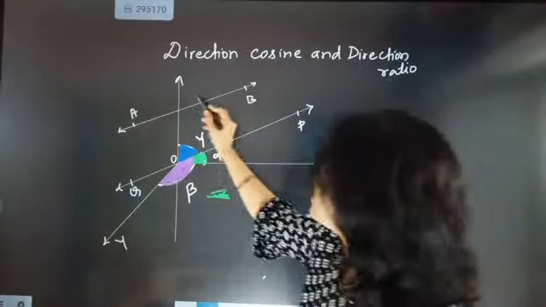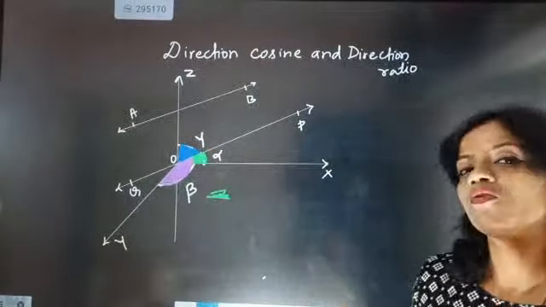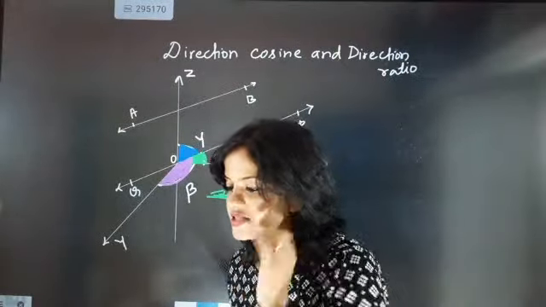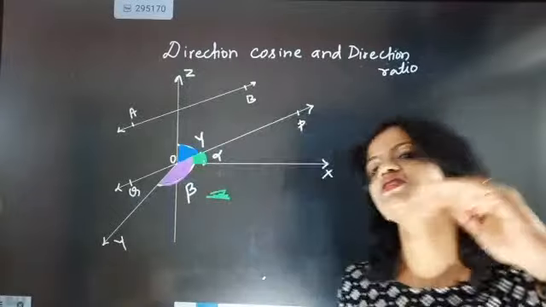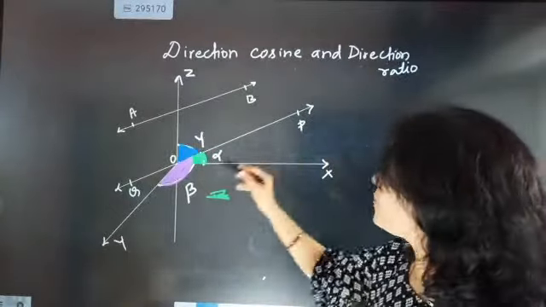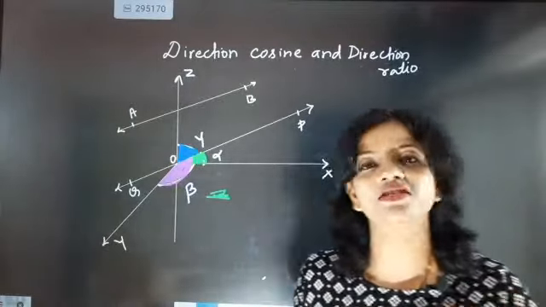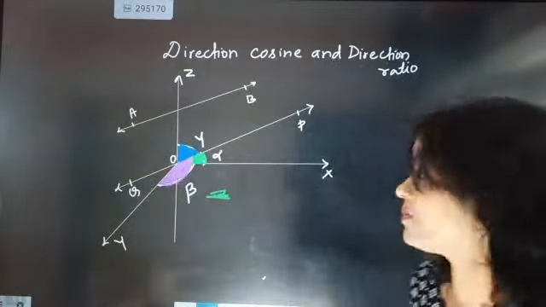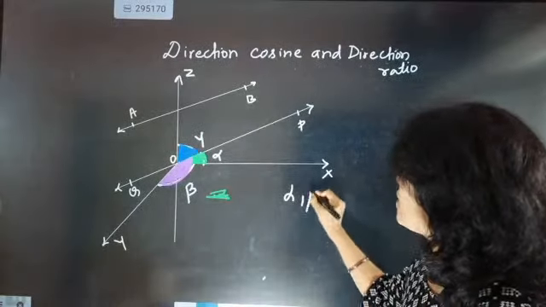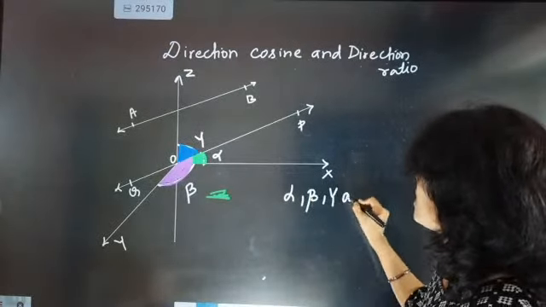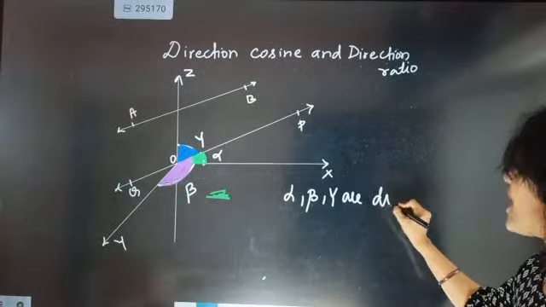So this is exactly the angle subtended by OP with the x-axis, y-axis and z-axis: alpha, beta, gamma. So these alpha, beta and gamma are the direction angles.